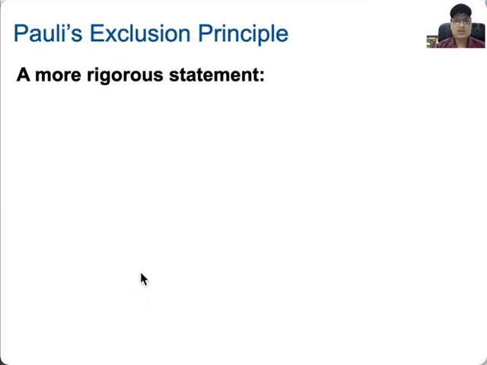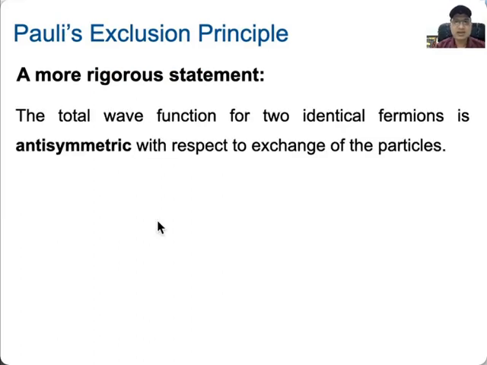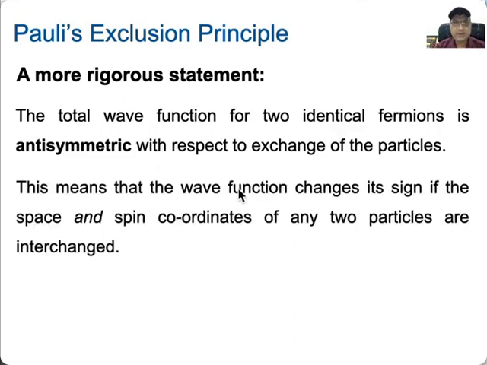So let's refine our understanding in a more rigorous way by stating that the total wave function for two identical fermions, such as two electrons, is antisymmetric with respect to exchange of the particles. It means that the wave function changes its sign if we exchange the space and spin coordinates of any two particles.